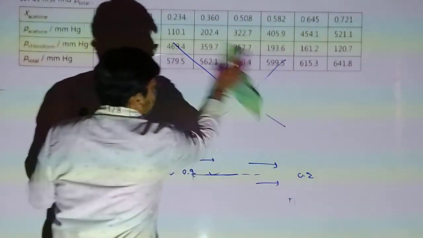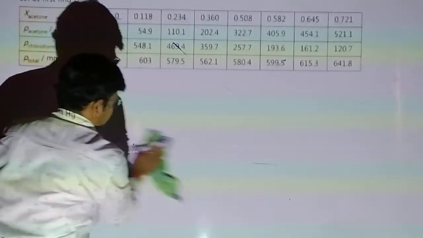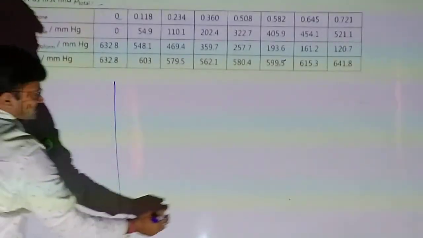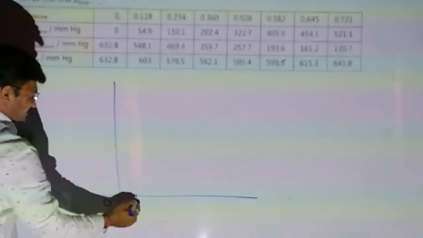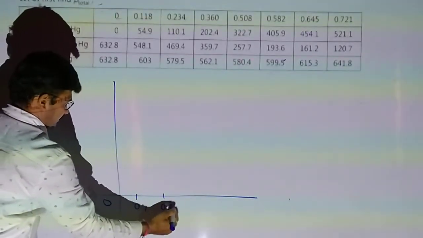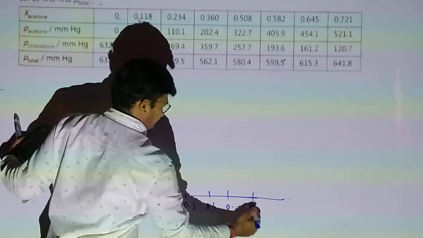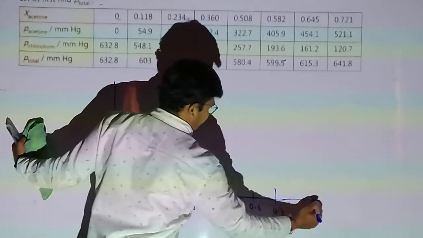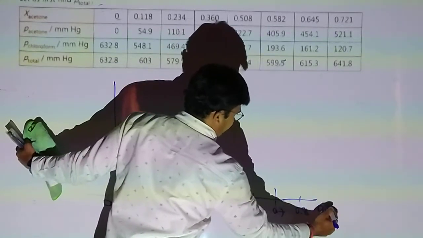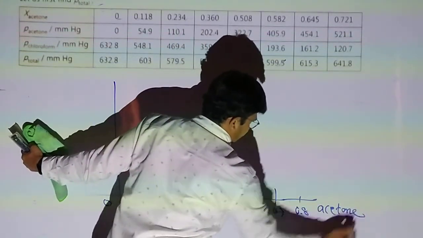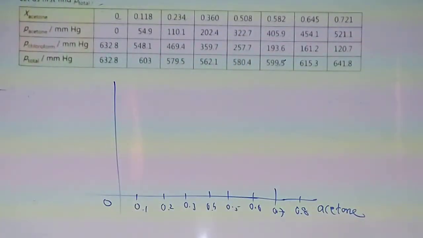So from the graph and from the data, we have to draw the graph. On the axis: 0, 0.1, 0.2, 0.3, 0.4, 0.5, 0.6, 0.7, 0.8. This is acetone; the mole fraction of acetone increases.